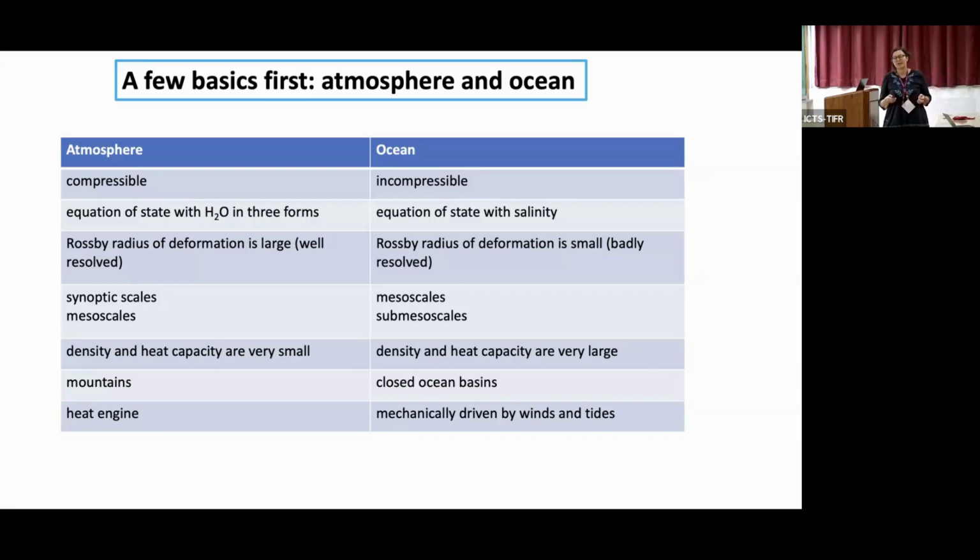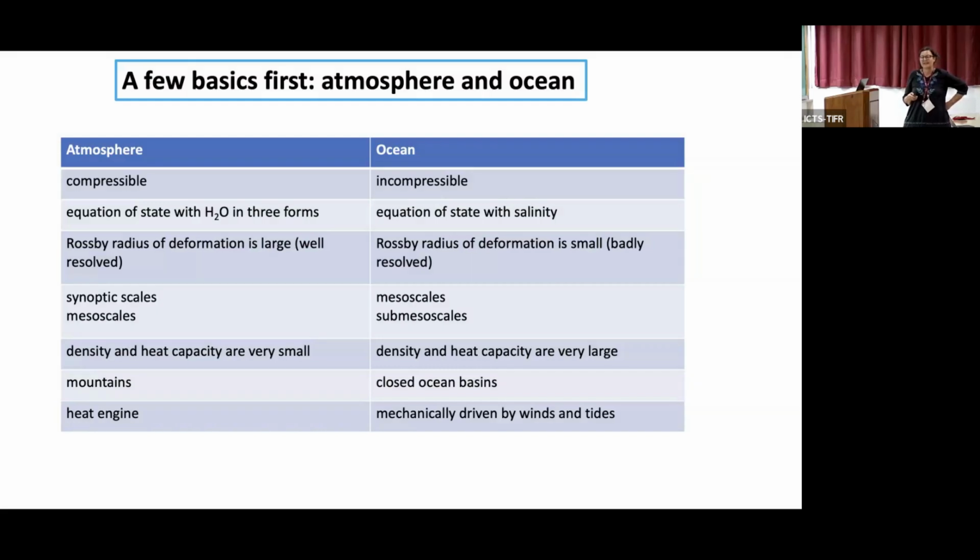So the Rossby radius in the atmosphere is usually really well resolved, whereas in the ocean, the Rossby radius in climate scale models is very small compared to the atmosphere, and it's usually badly resolved.